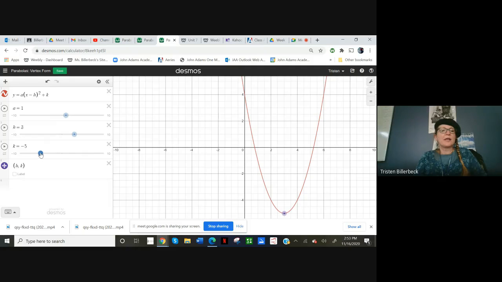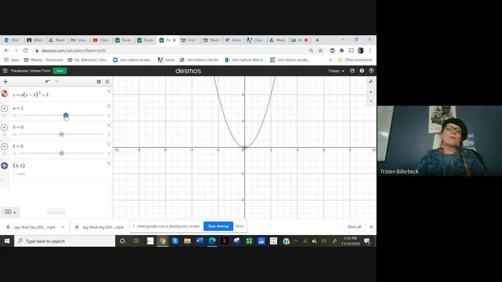Okay, so if I go back to the parent, I want to show you the slope a little bit more. When a is a larger number, it gets very narrow. See that? It's like a tight rosebud. But when we have it at 1, that's our parent. Now when we have it below 1, it's like a wilting rose.